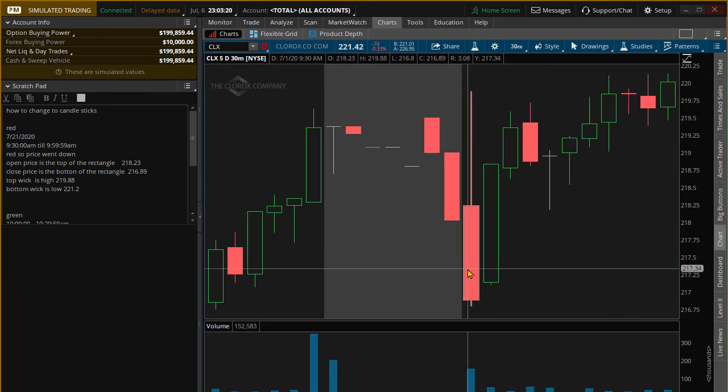If I hover above this, you should see L, and after L, 216.8. I made a typo and wrote the wrong number, but anyway, 216.8 for the low. Gotta change that.